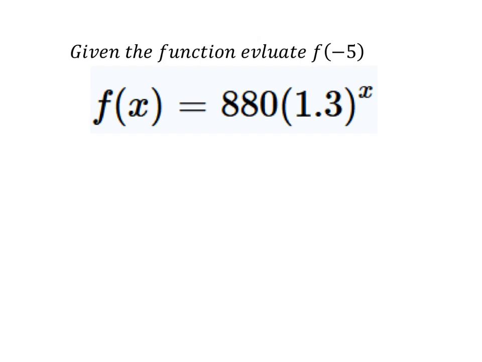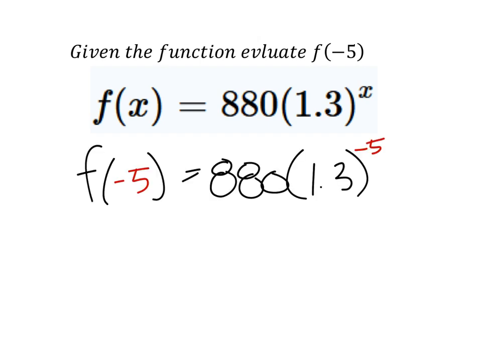Given this function, evaluate f of negative 5. All right, so I'm just going to go in there and replace the x's with negative 5, right? Well, I can plug this into my calculator directly, as it turns out. 880 times 1.3 to the power of negative 5.